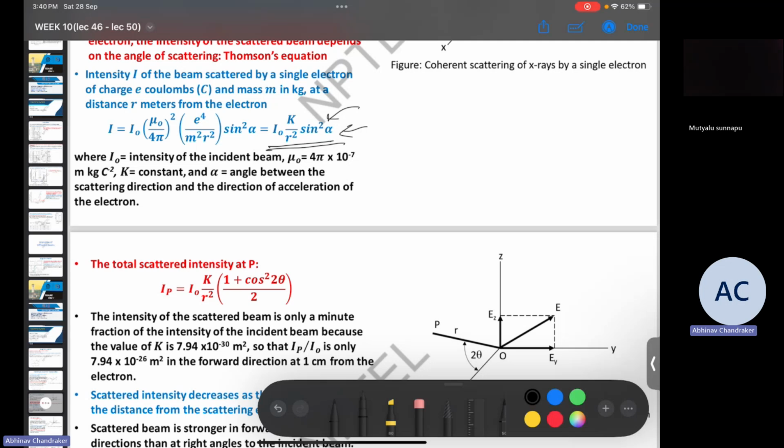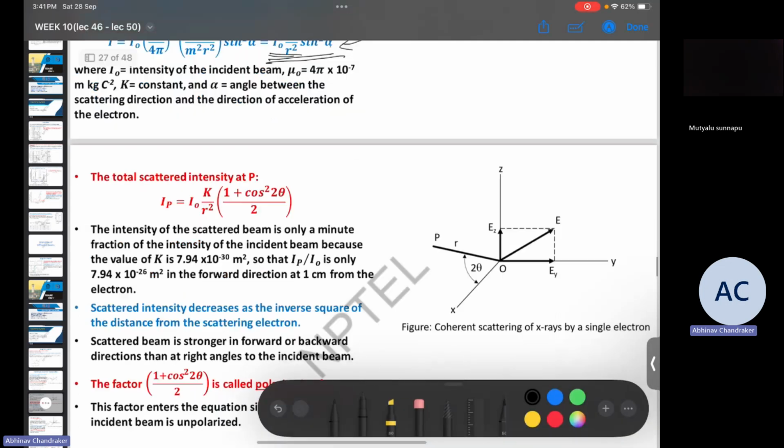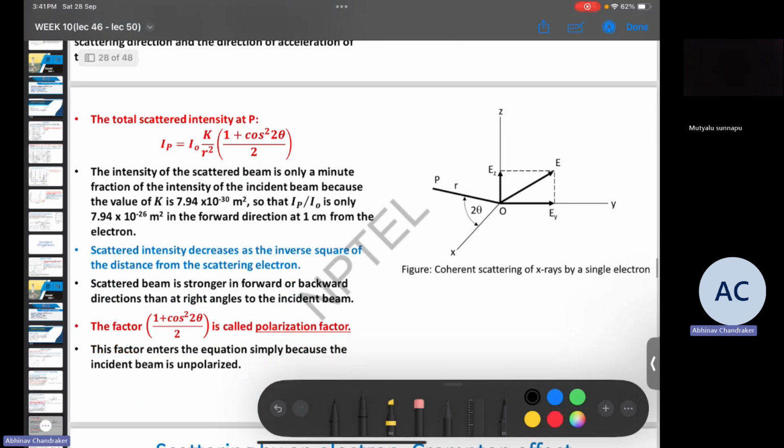So I will be equal to I naught k by r square. But if alpha is equal to 0 degrees, that is, the scattered beam is perpendicular to the incident beam, then you will not have any scattering in that direction, in your perpendicular direction.